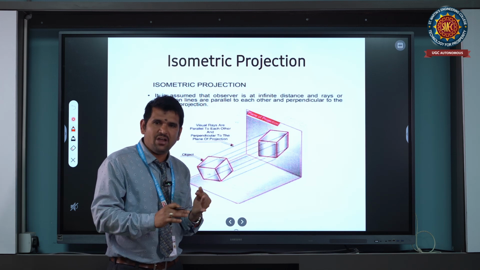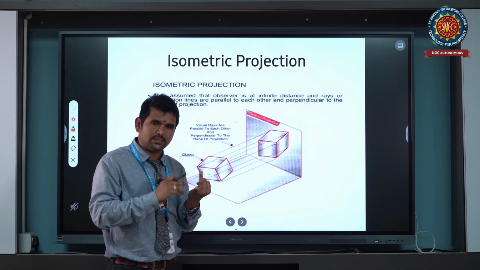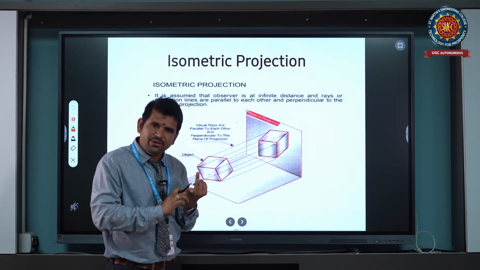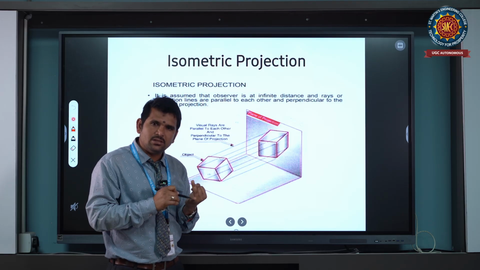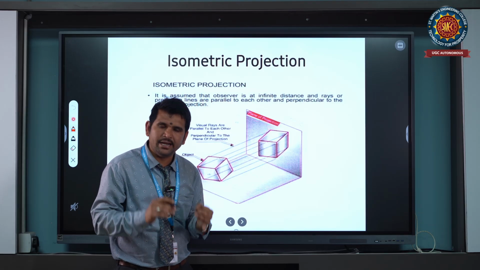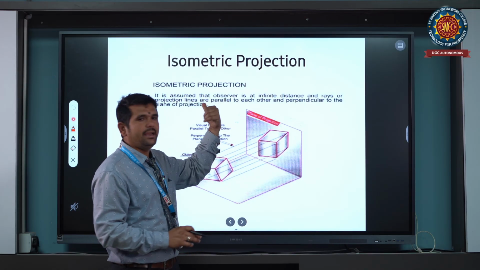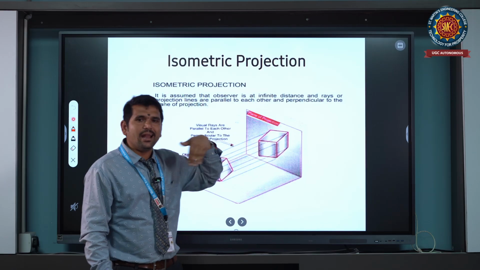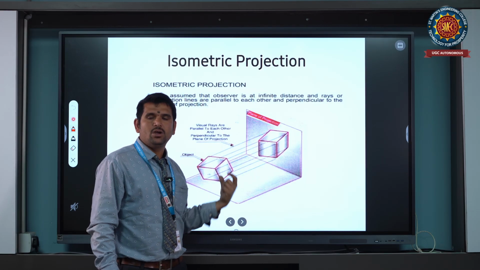So in isometric projections, we are going to see front view, side view, top view as well. There are three. So in that, length, breadth as well as height, these three dimensions we also get by isometric projections, and the entire syllabus is going to depend on these isometric projections.